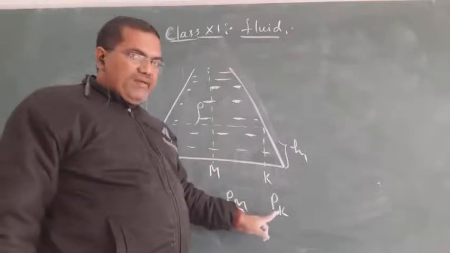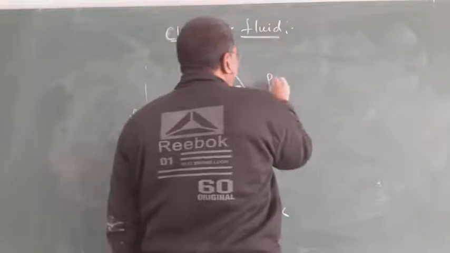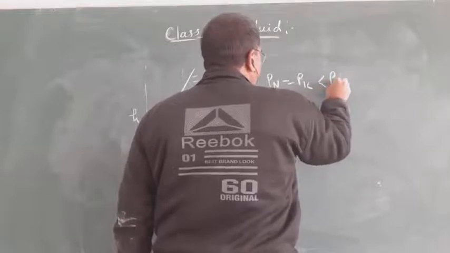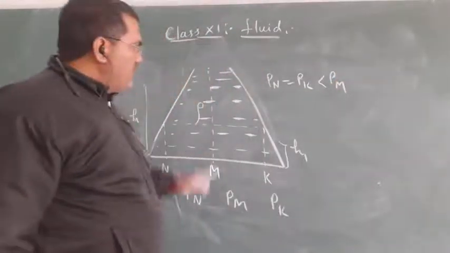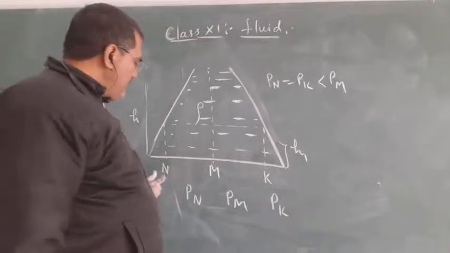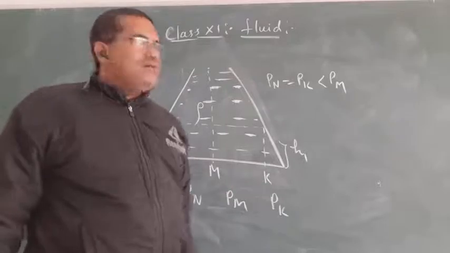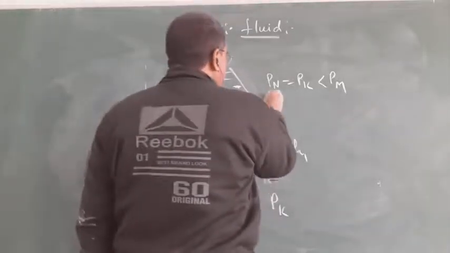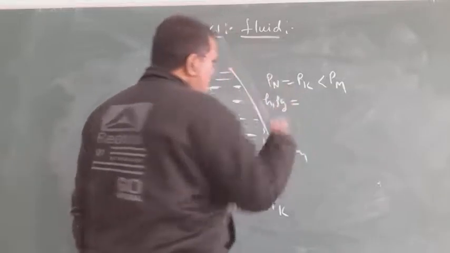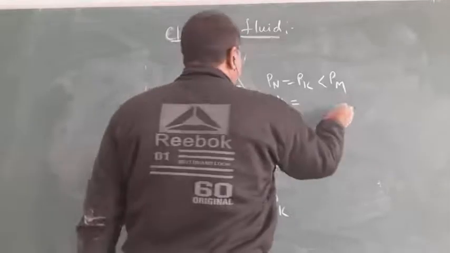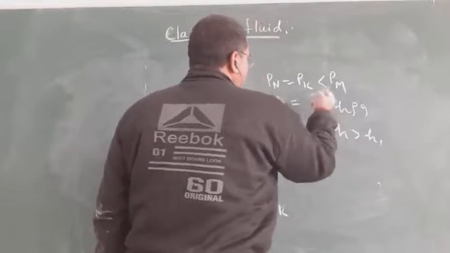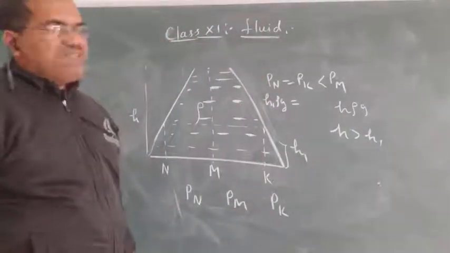Pn equals Pk, and less than Pm, because the height at M is greater than the height at N and K. Pn and Pk are H1 rho g, and Pm is H rho g. So H is greater than H1. So this relation will justify.